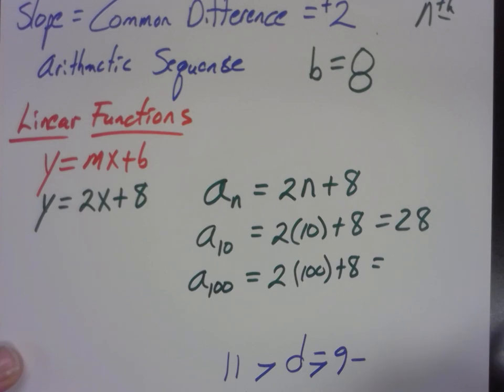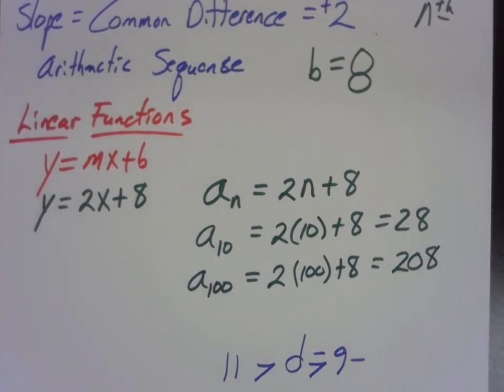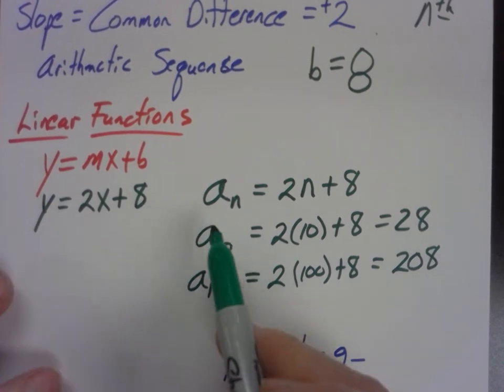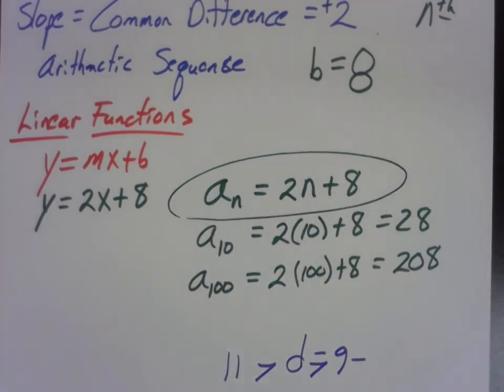What is it? I told you what it was, didn't I? Well, guess how I did that? I didn't sit there and add 2 up 100 times. I figured out the equation. I cheated. Is it cheating? No. I don't think it's cheating. Okay. So this is the way we write a function that describes a series like this.